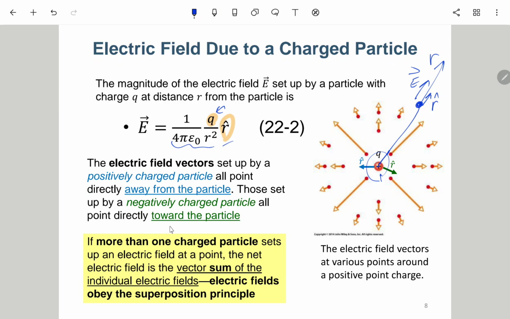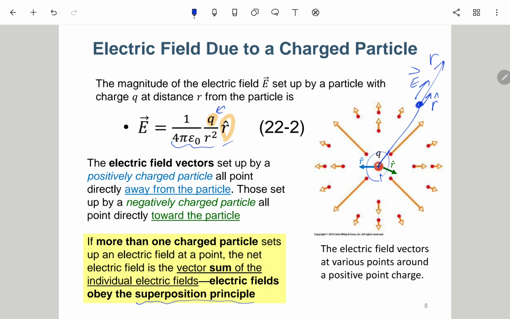If more than one charged particle sets up an electric field at a point, the net E field is the vector sum of the individual E fields. The E field obeys the superposition principle, so it is similar to Coulomb's force.